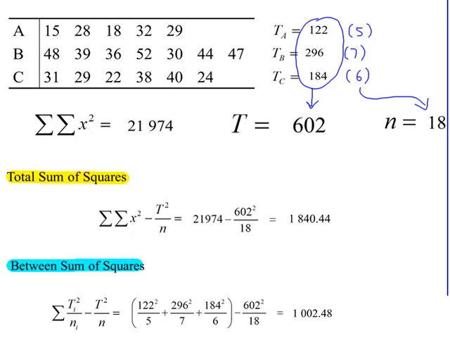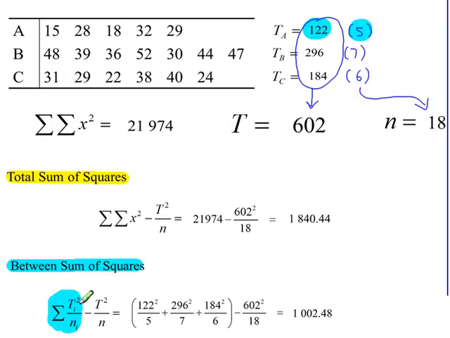In the calculation, we need to do this part first. Sigma t squared over n. We need to do each sample separately. So, sample A, the total is 122, and there were 5 values in that sample.